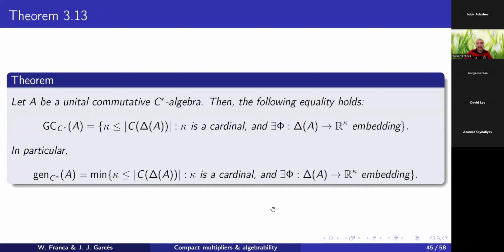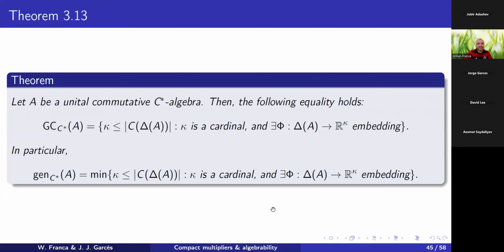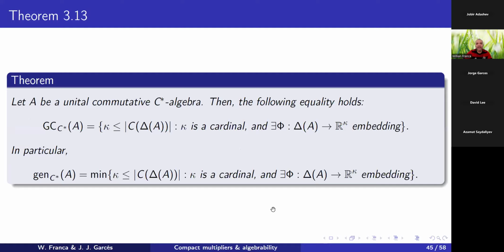From this, we see that we can define the following concept. If you have a compact Hausdorff space K, we define the set of embedded cardinals of K in the following way. Just note that we define this based on these relations that we obtained in the previous theorem.